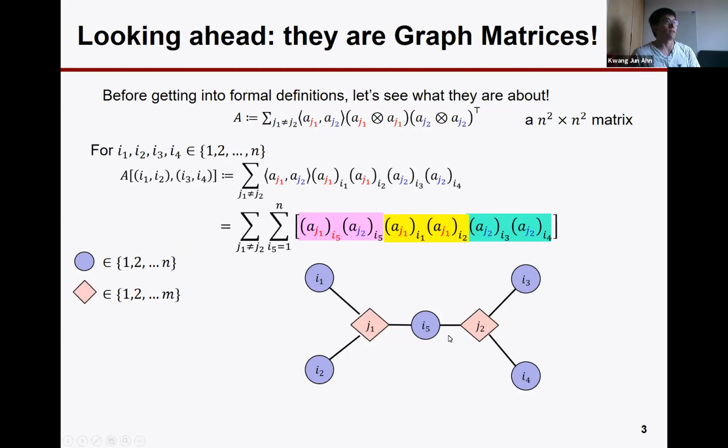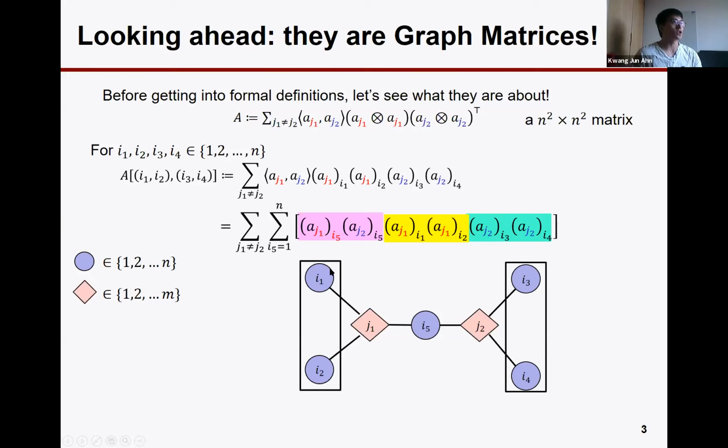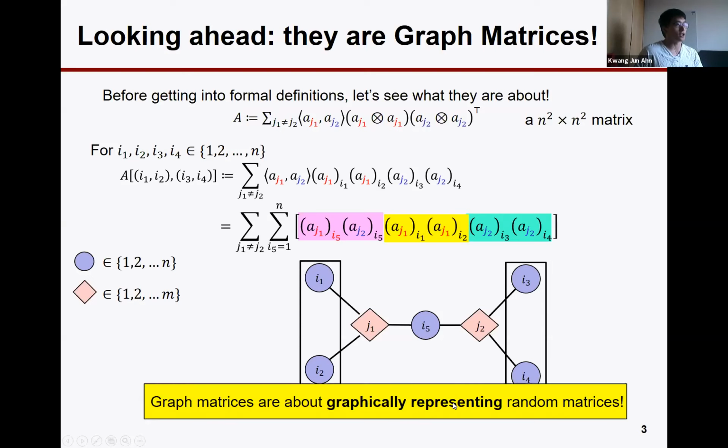But we have to specify which indices are specifying the row and column, so we just draw boxes around those 4 indices. These are for the row, these are for the column. Roughly speaking, graph matrices are just graphical representations of complicated random matrices. I foreshadow here that this graphical representation will be called a shape.